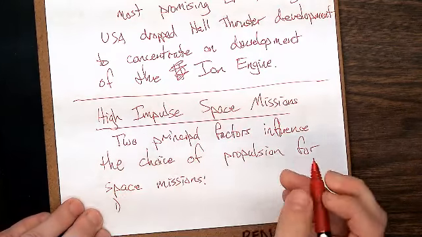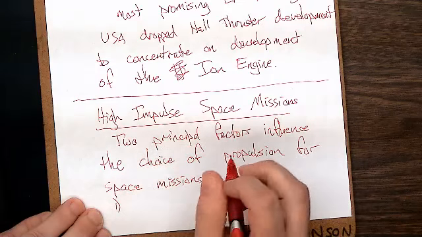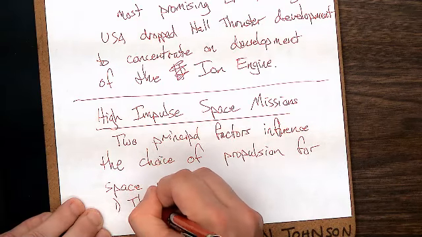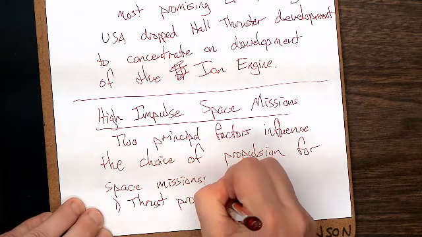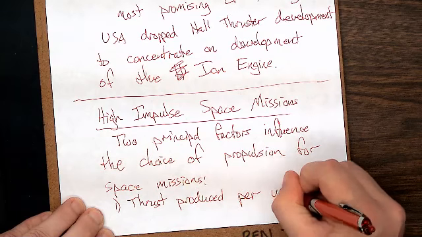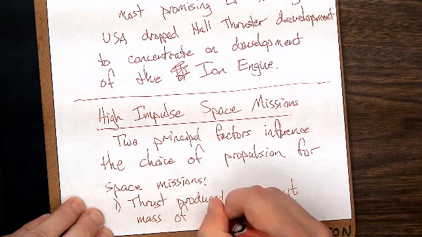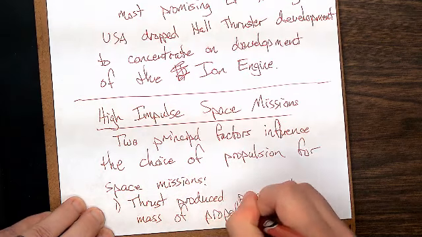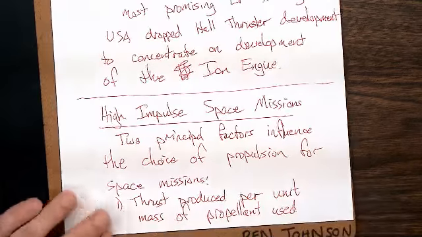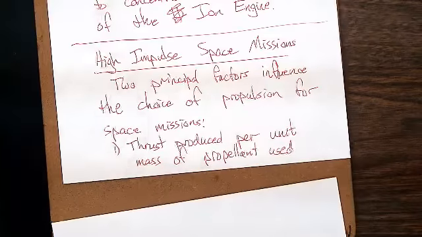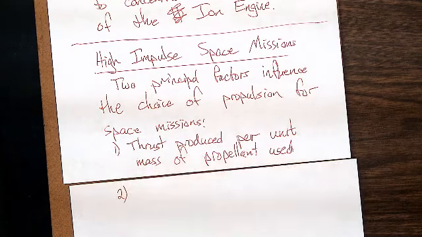One of those is the thrust produced per unit mass of propellant. And the second one is the power required to produce that thrust.